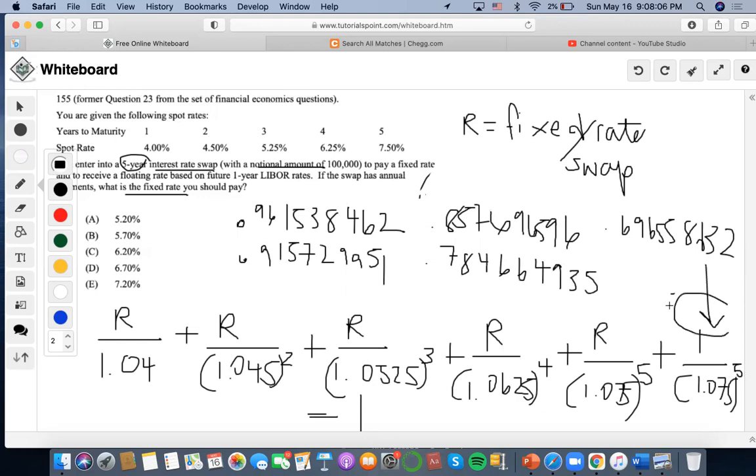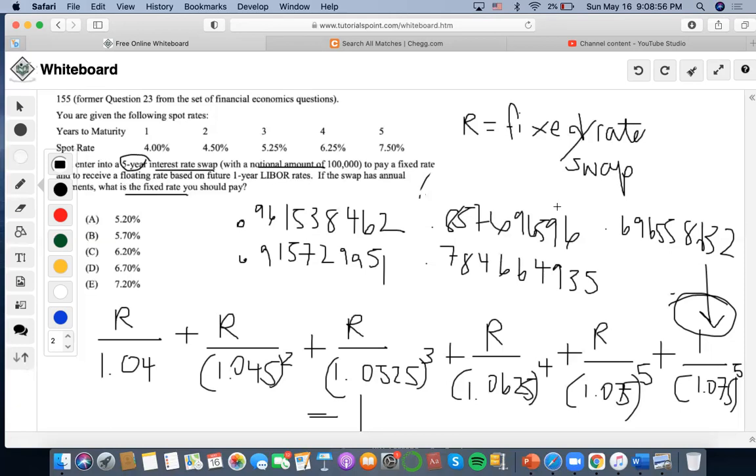It's going to apply to this, but first I'm going to combine like terms. I'm going to add up all of the R's, so I'm going to add all of these 5: 0.96153846, including all the numbers, plus 0.91572991, plus 0.85769596, plus 0.78466935, plus 0.696558632.